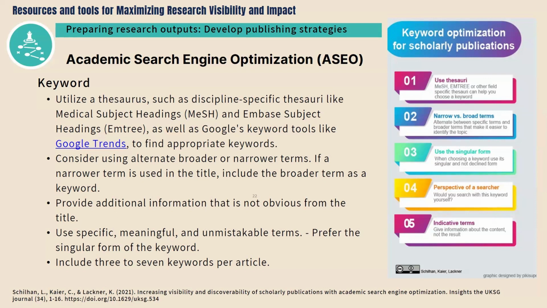If a narrow term is used in the title, include a broader term as the keyword. For additional information that is not obvious from the title, use specific, meaningful, and unmistakable terms. Prefer the singular form for the keywords, including 3 to 7 keywords per article.